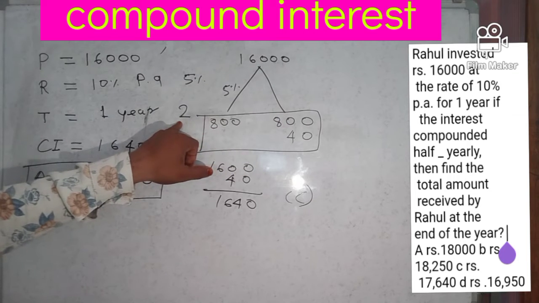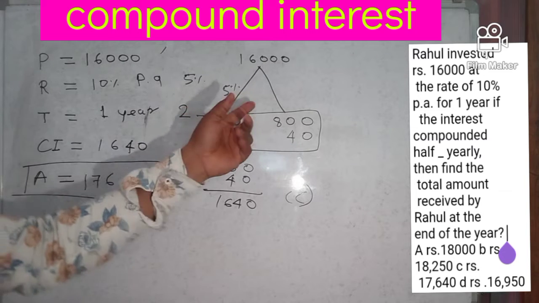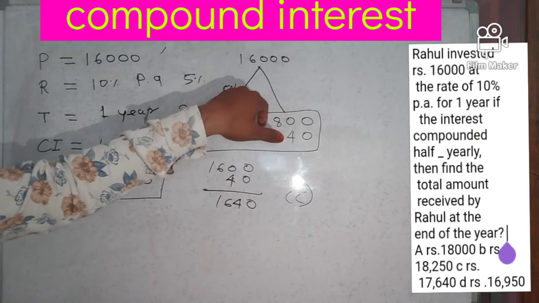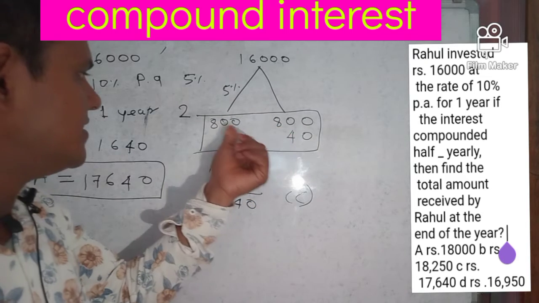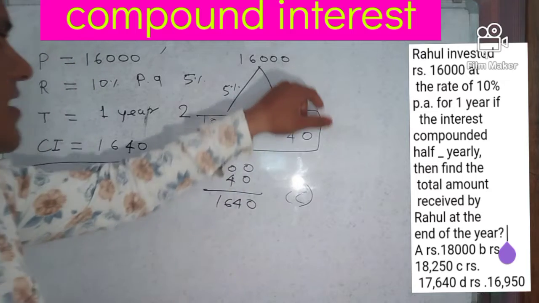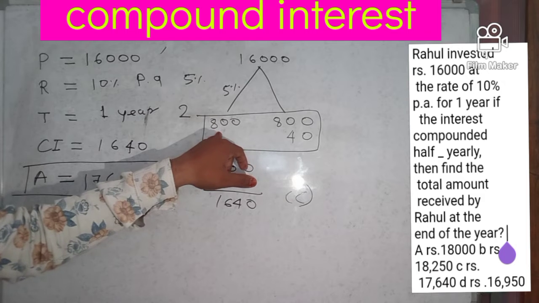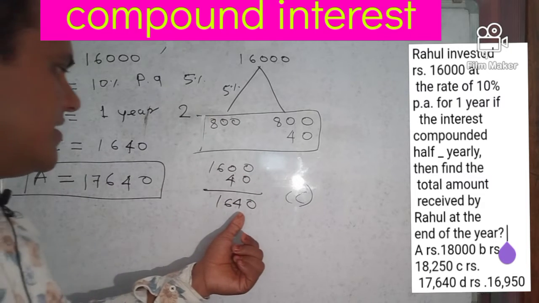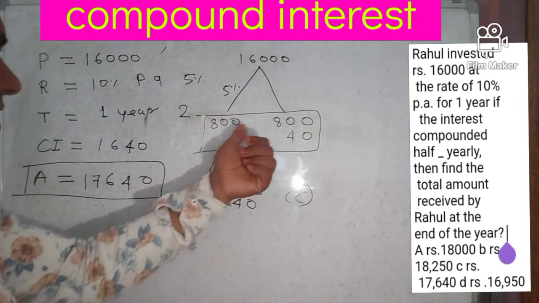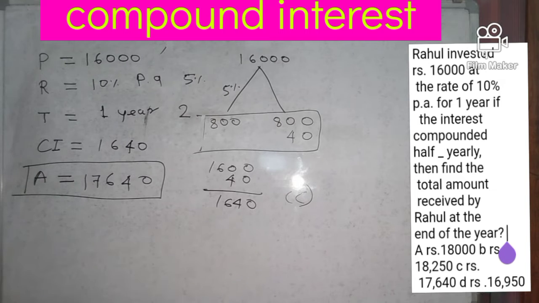At 5% it is 800 interest, and the second is interest on interest, so it comes 800 from 16,000, and 40 comes from the 800. So the total area is 1640.